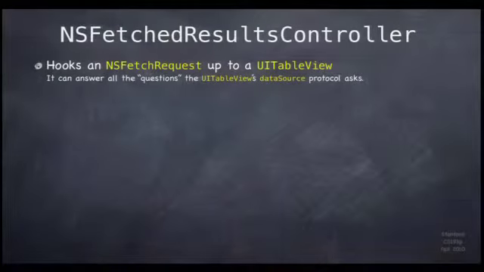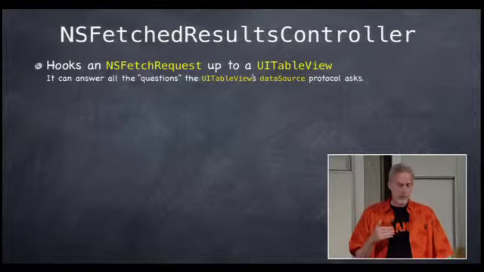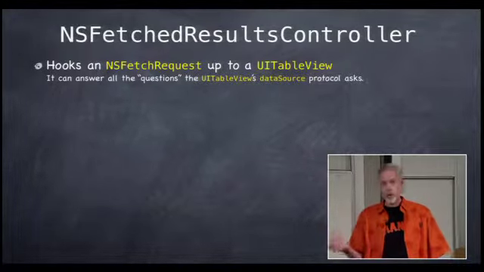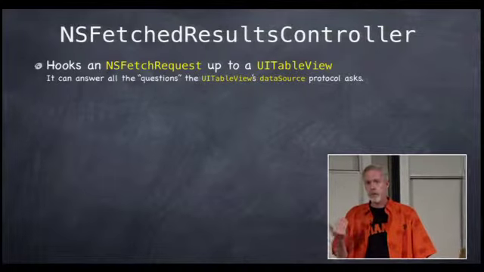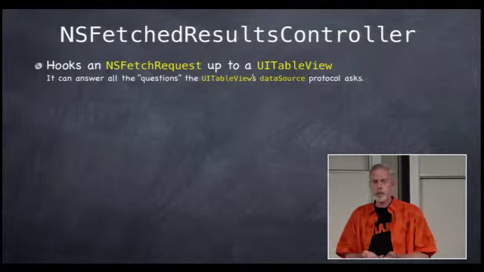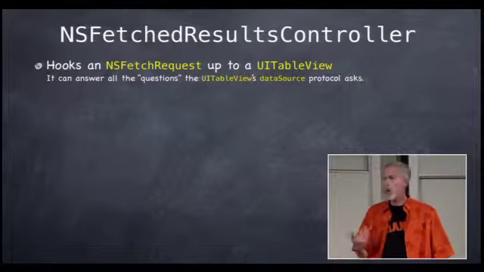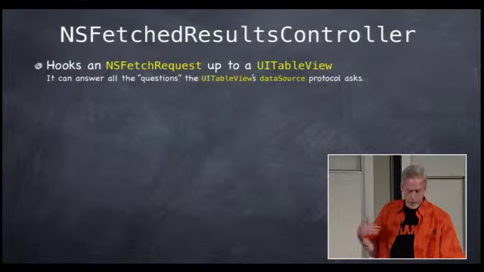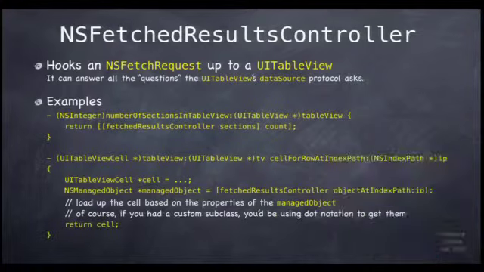So what does NSFetchedResultsController do? You create an instance of it. It gets hooked up to the table view. It serves as the UITableView's data source protocol answerer. It basically is its data source delegate, and so it answers all those questions. How many sections, how many rows, all that stuff. So, for example, if you had a fetched results controller, you could implement number of sections in table view by just saying fetchedResultsController.sections.count. Because it has a method that gives you all the sections, and you could just do the count.